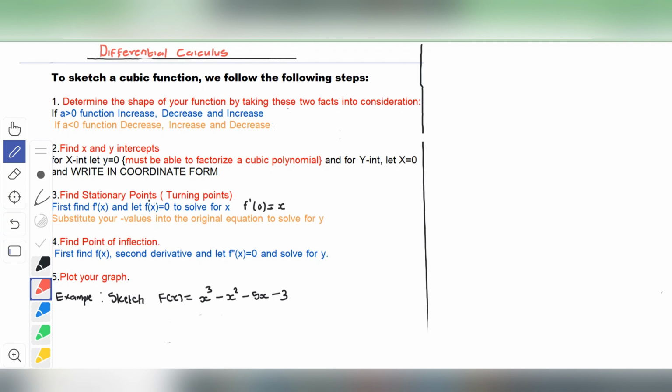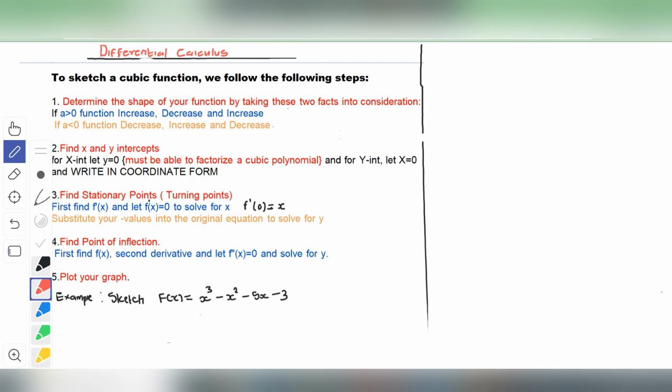To sketch a cubic function, we follow these steps. The first step is to determine the shape of your function by taking these two facts into consideration. If your a is greater than 0, then your function will increase, decrease, and also increase.